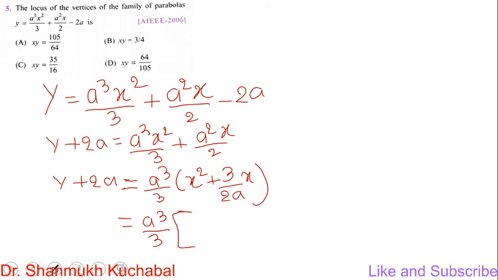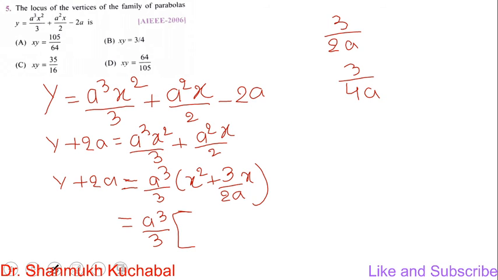Here b square is missing, so we take the x coefficient, which here is 3 divided by 2a. We have to divide it by 2, which gives 3 divided by 4a. We have to square this and add it, and to balance it we have to subtract it. The completing the square technique you have studied in 10th standard.